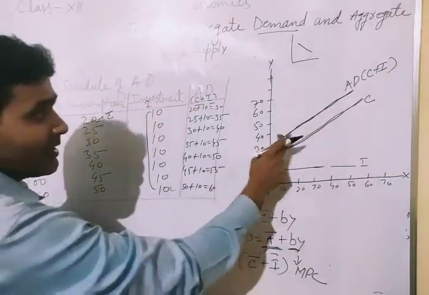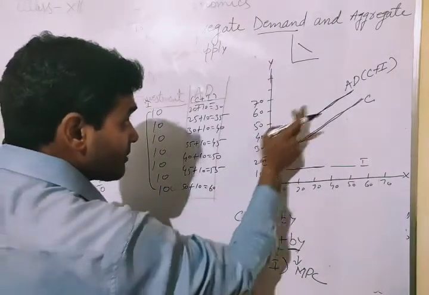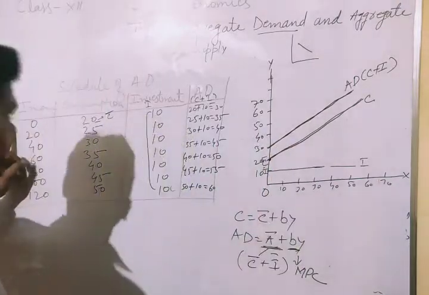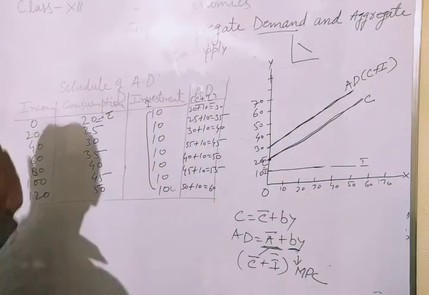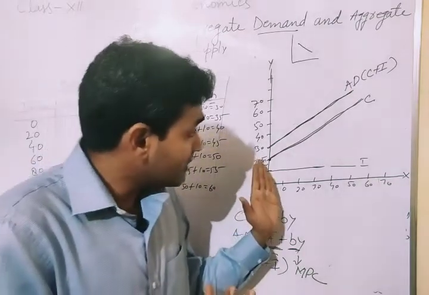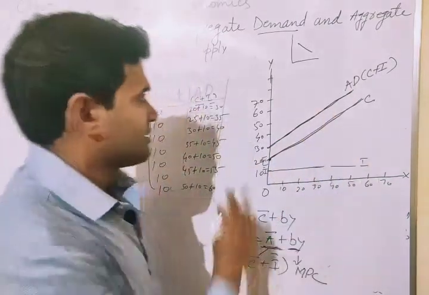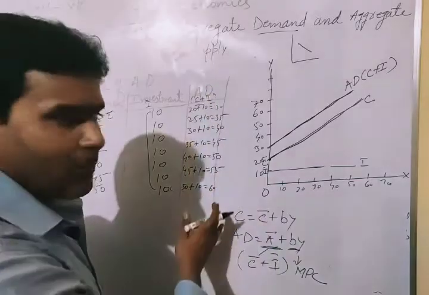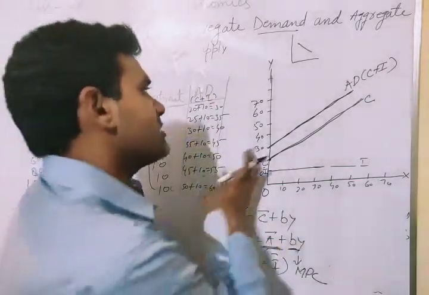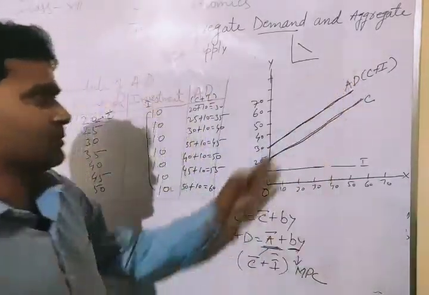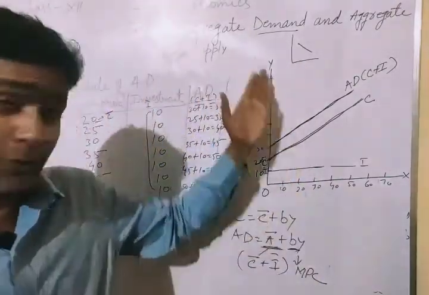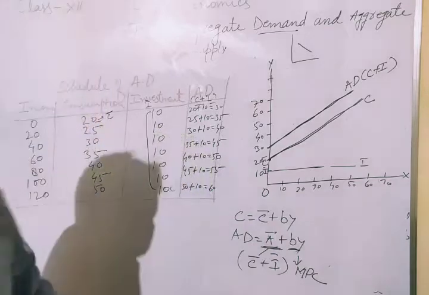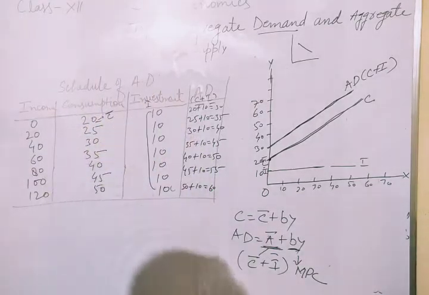But here it shows a positive relationship between income and aggregate demand. As income keeps on increasing, the level of aggregate demand will also increase. That is why the aggregate demand curve slopes upward, while in case of individual demand it slopes downward. So you can pause the video and write it down.